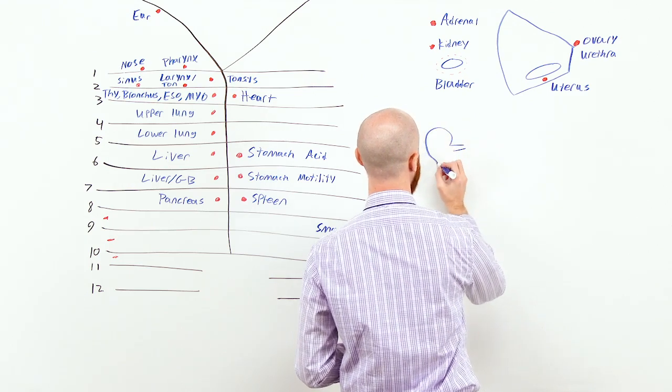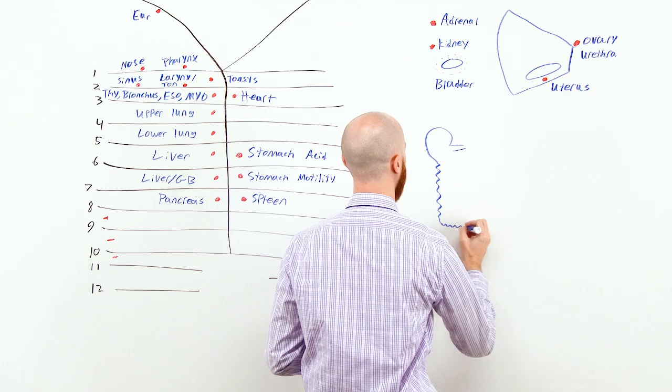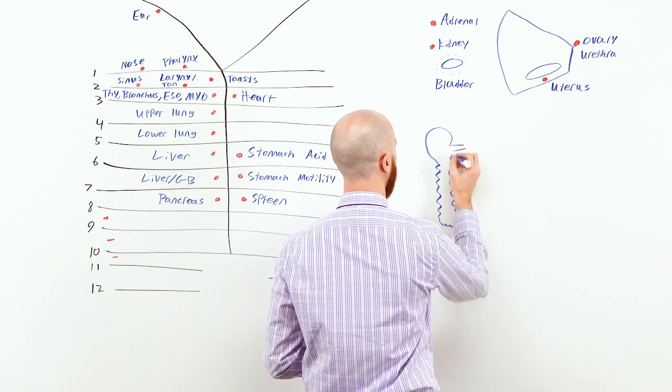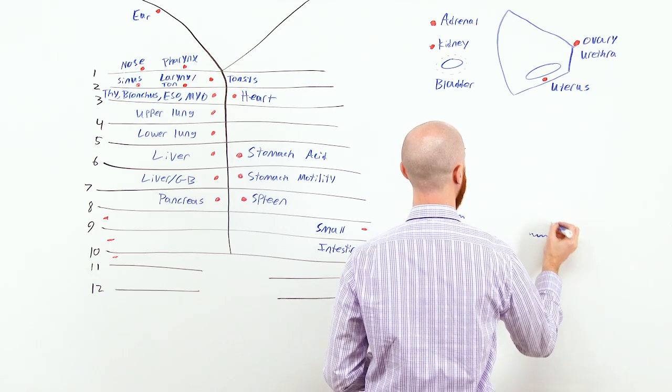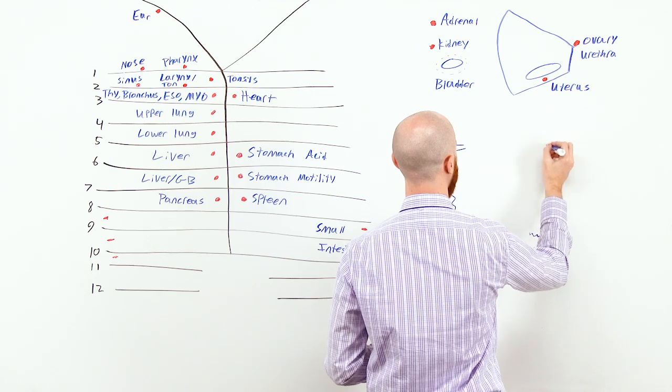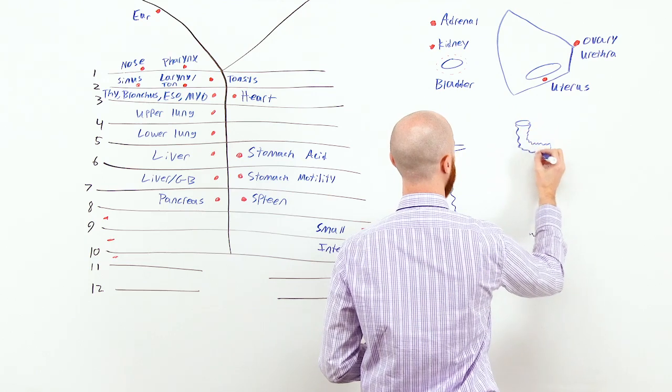where we have the cecum, the descending colon, portions of the transverse colon, going back over to the sigmoid, like so.